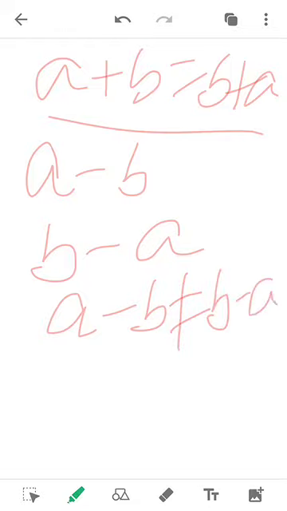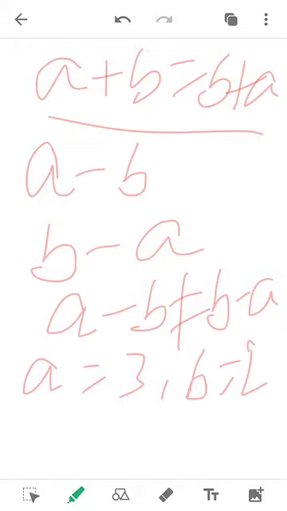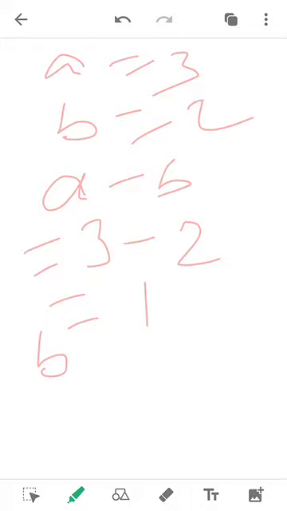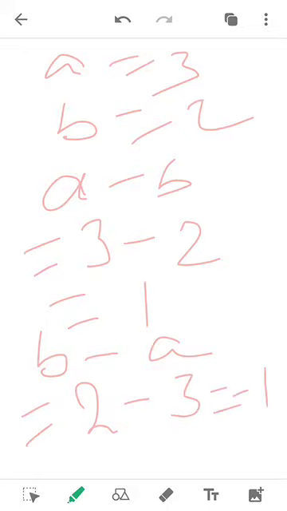Let's take an example. If we put a is equal to 3 and b is equal to 2, now the difference between them, a minus b, is 3 minus 2 is equal to 1, and b minus a is 2 minus 3 is equal to minus 1.